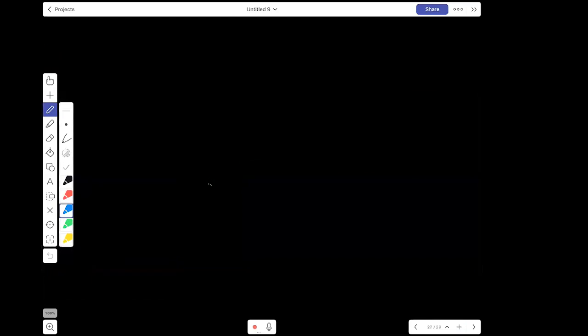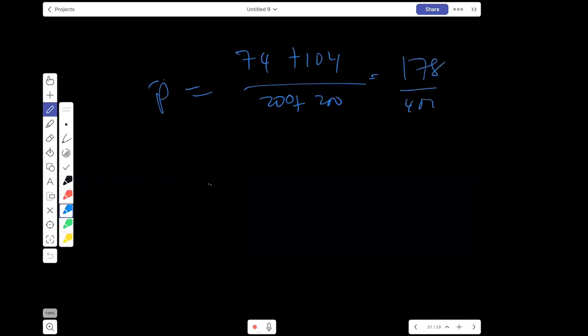You're going to have to say P bar equals 74 plus 104 over 200 plus 200, which is 178 over 400. That gives 0.445. That would be your pooled proportion that you would use, okay?